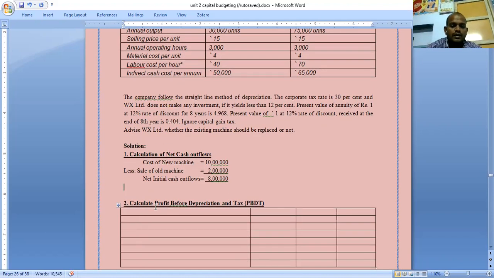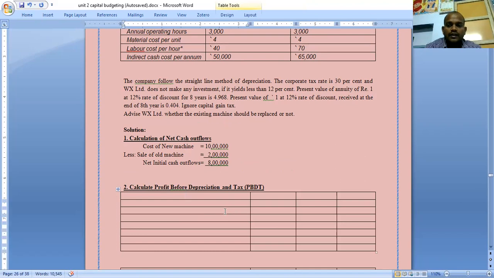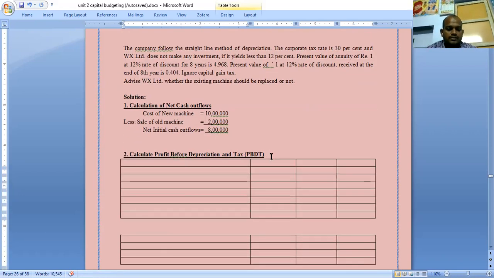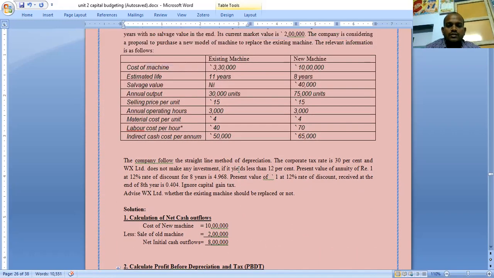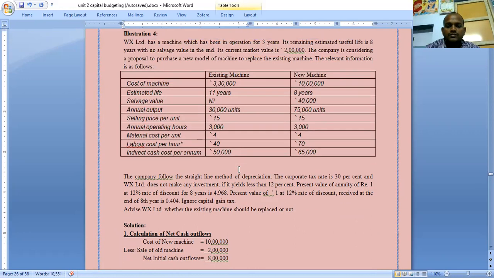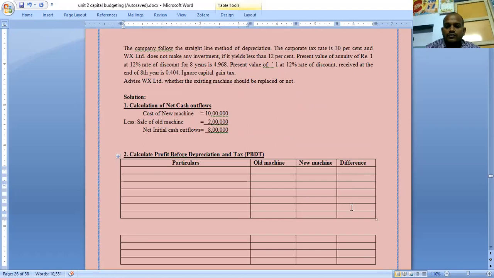Second step, calculation of profit before depreciation and tax, and then net cash flows. So let us calculate the profit before depreciation and tax by considering all the elements. So particulars: old machine, new machine, and difference. Because this is a replacement decision, that's why we have to calculate the incremental cash flows.